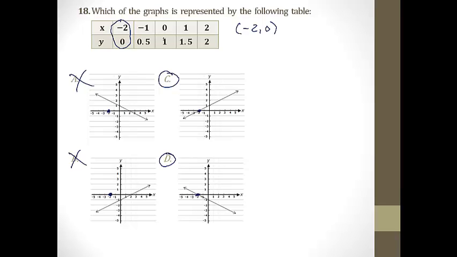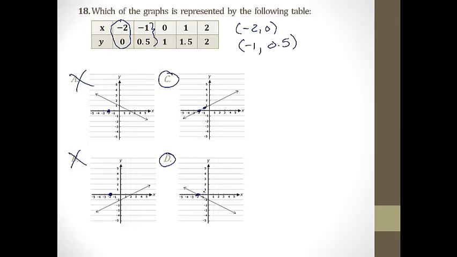So I'm going to go to the next ordered pair, which is negative 1, 0.5, which is also 1/2. I'm going to look at just these two graphs that I circled and see which one of them goes through the point negative 1, 0.5. That would be right here, and it doesn't look like this graph goes through that point, so this could be a possibility.